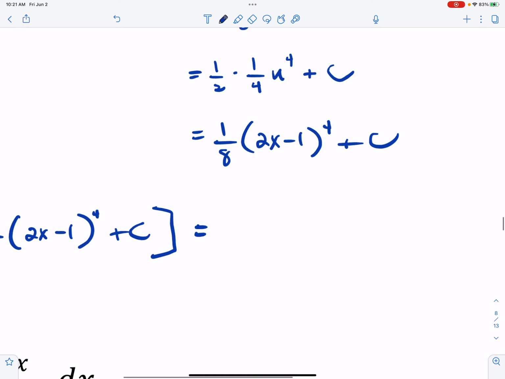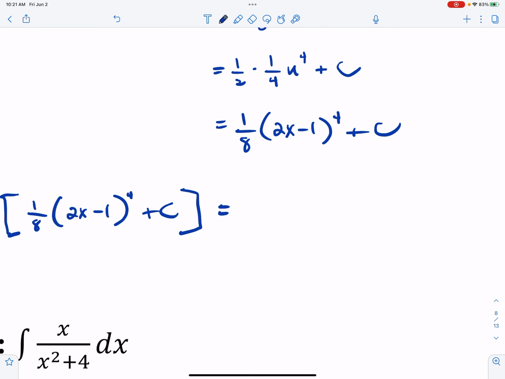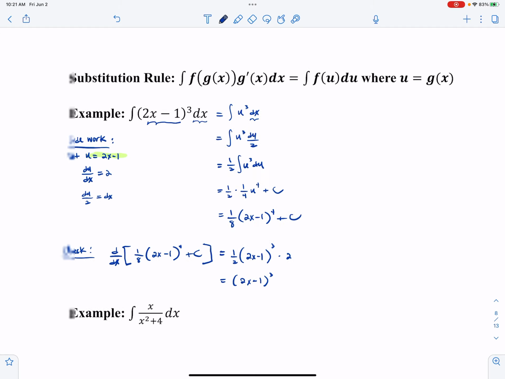And that would just require chain rule, right? So derivative of the outside, that would be 1/2 in front, and then to the 3rd power, leave the inside alone, times the derivative of the inside, and then the derivative of c would be 0. So this just ends up being 2x minus 1 cubed.